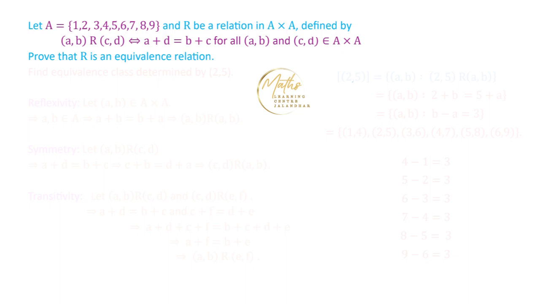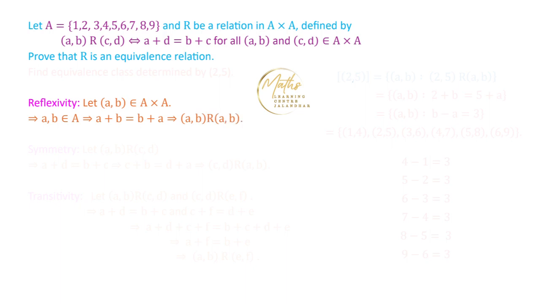So to prove it is an equivalence relation, first of all we are considering reflexivity. We consider any element (a, b) belongs to A cross A, this Cartesian product. So we are saying that a and b belong to A. This implies that a plus b is equal to b plus a, so (a, b) is related to (a, b).